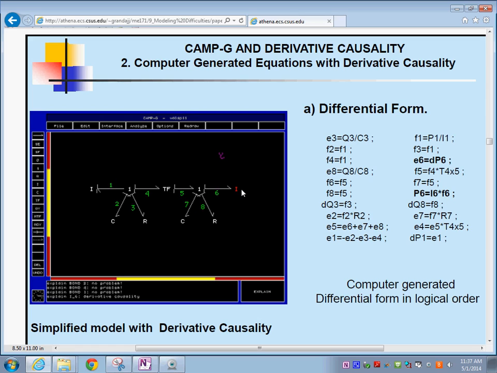So what I'm suggesting here is that we derive the equations as normal, one by one, and when you derive this equation, you're going to find out that e6 is equal to dp sub 6, so the derivative is on the right-hand side.